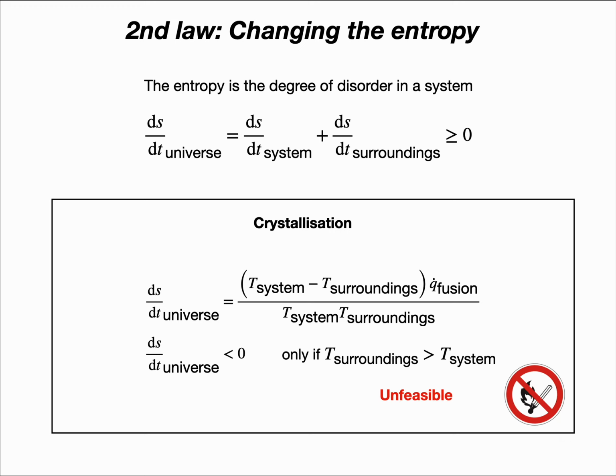The unlikely scenario is, of course, the case where T surroundings is larger than T system. You don't expect the system to crystallize if it's receiving heat from the surroundings. This is unfeasible, and it would lead to a difference T system minus T surroundings which is negative, and negative entropy production. So that's basically the end of this lecture.